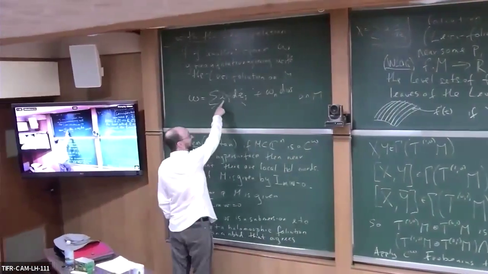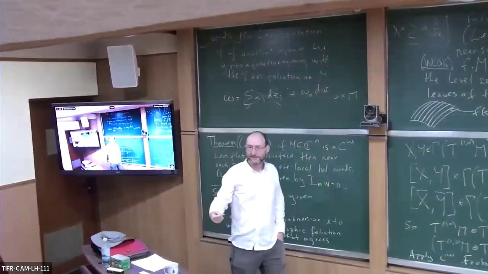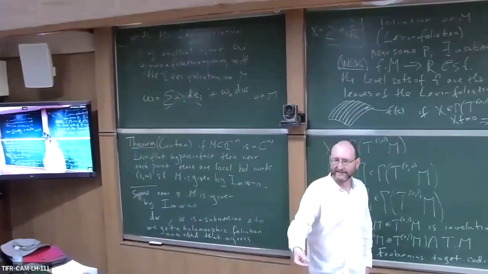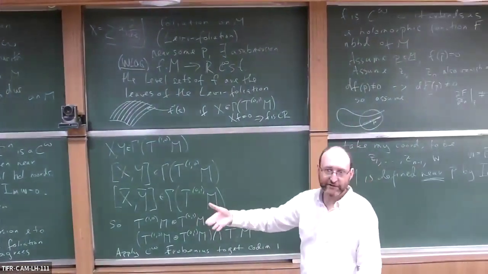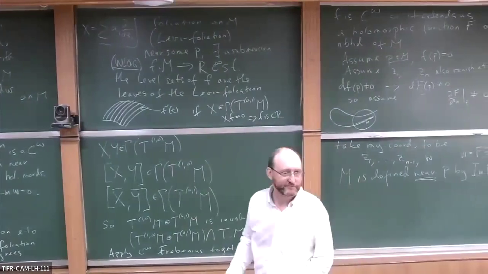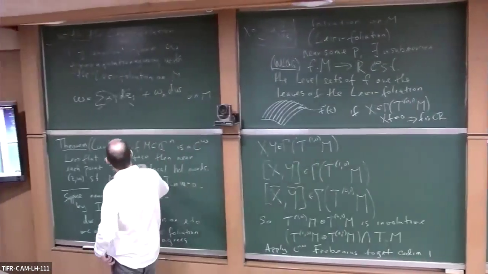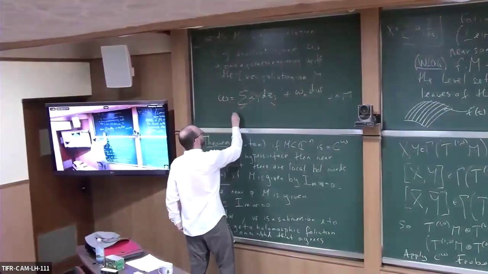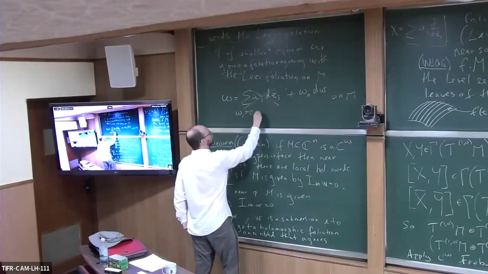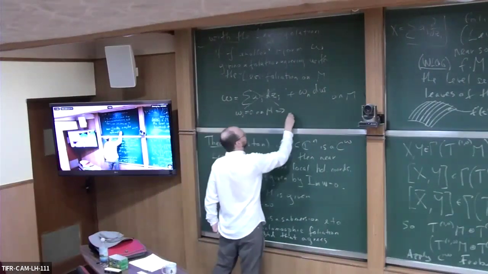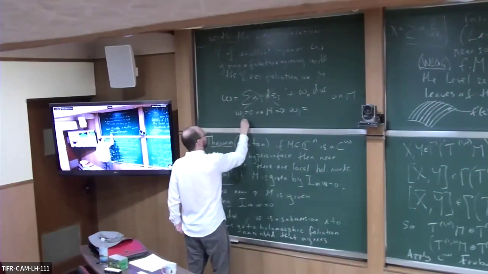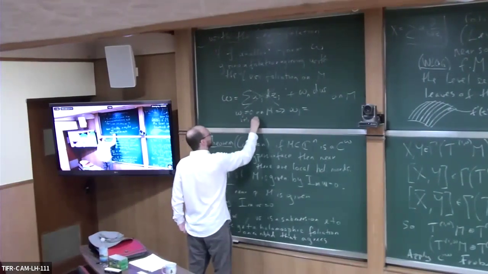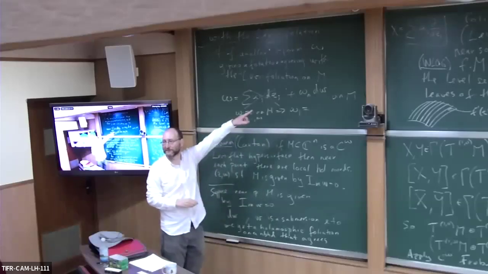These are 0 on M. There's no way that you can have a holomorphic function that's 0 on M and not 0 in the neighborhood. So that means first we have omega j is 0 on M, where j is 1 to n minus 1, not the last one, of course.